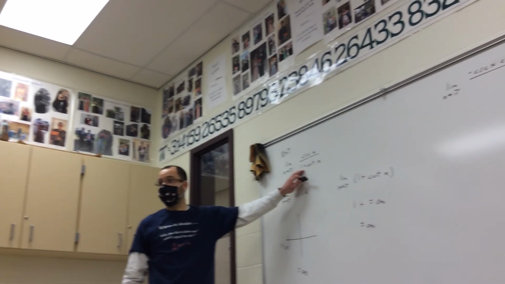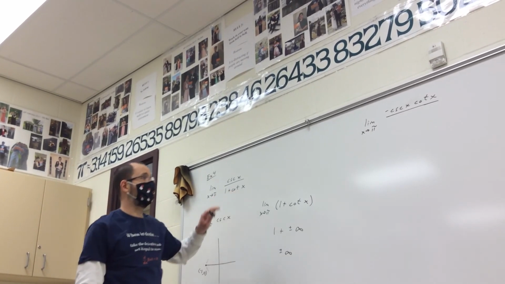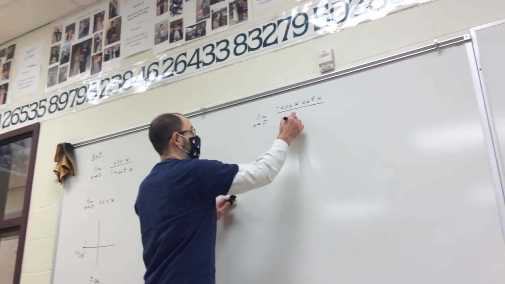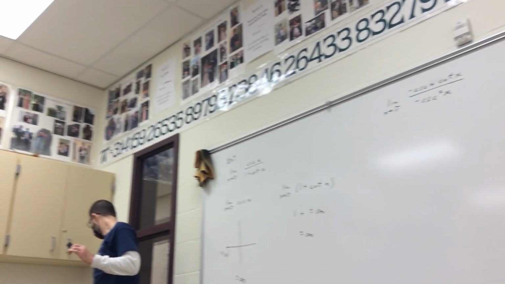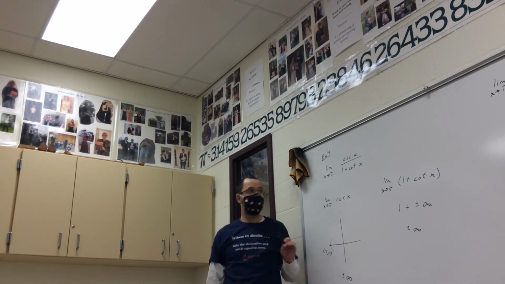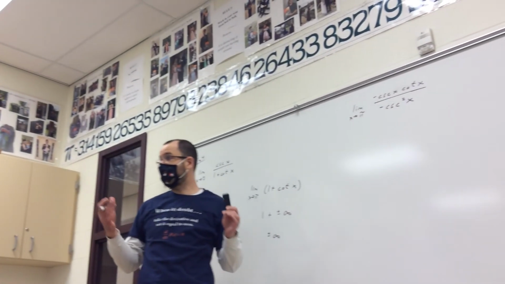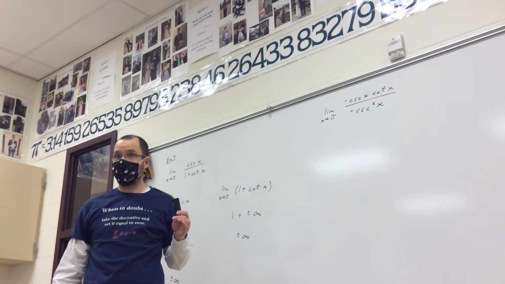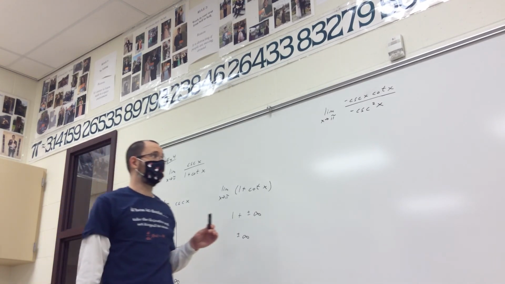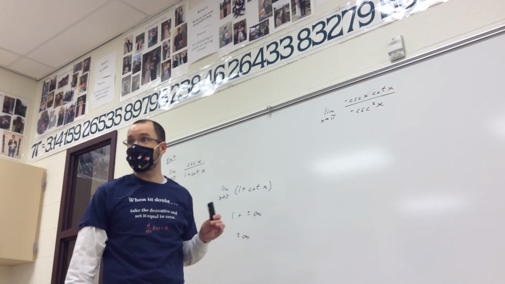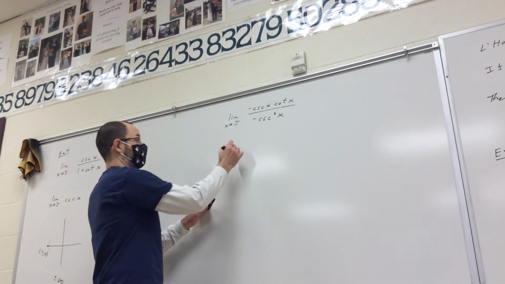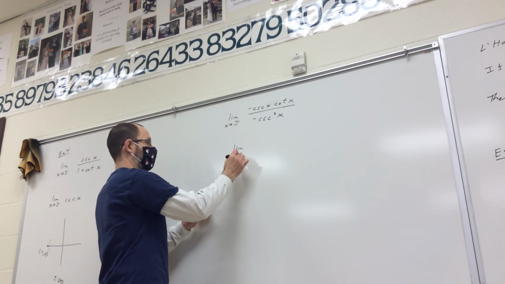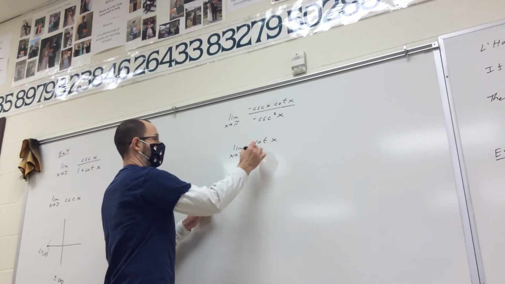Sorry about that. Then the derivative of 1 is 0, and the derivative of cotangent is negative cosecant squared. Remember, the derivatives of the co- functions are all negative. That at least helps you get some of this memorizing done. Okay, so that's kind of nice because then this cosecant is going to cancel with one of those cosecants. So we have the limit as x goes to pi of cotangent of x over cosecant of x.